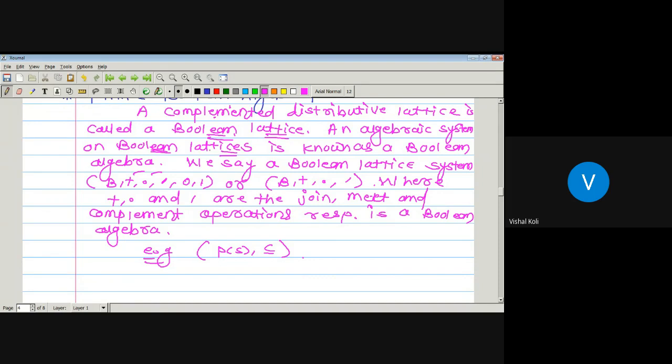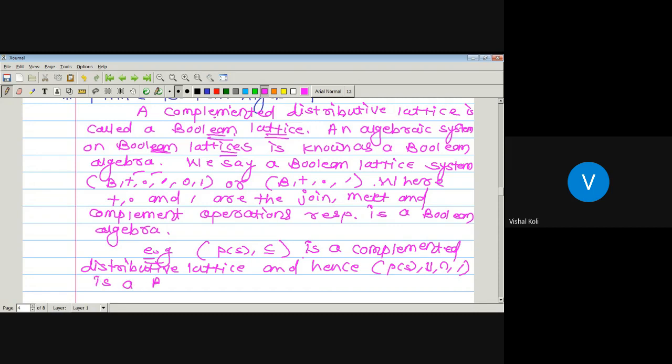Hence, the power set of S with join as union, meet as intersection, and complement as dash, is a Boolean algebra.